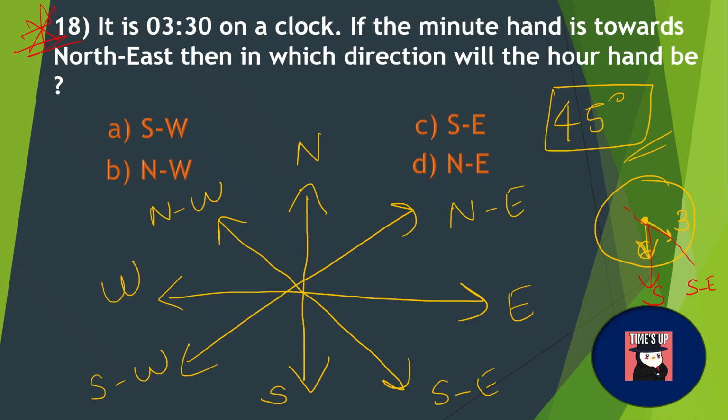Minute hand was initially placed towards the south, but now instead of south, they are saying that it is facing northeast. Correct?